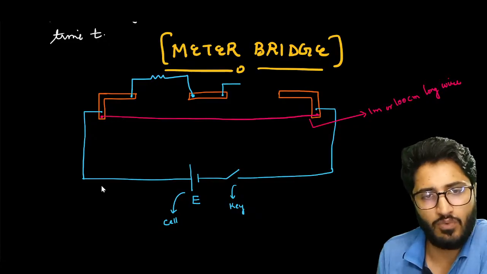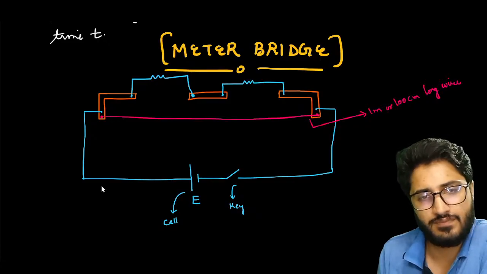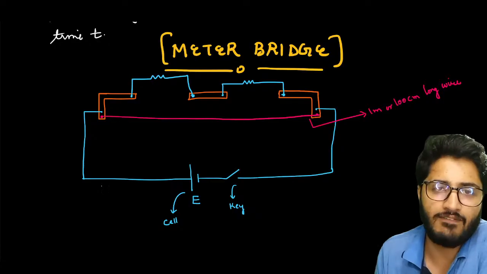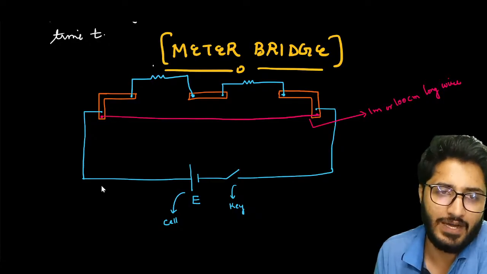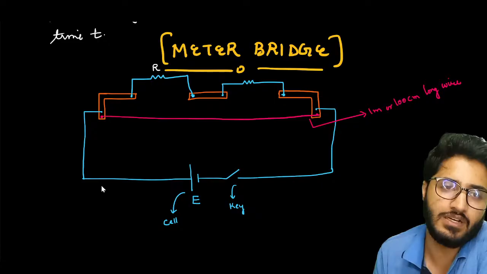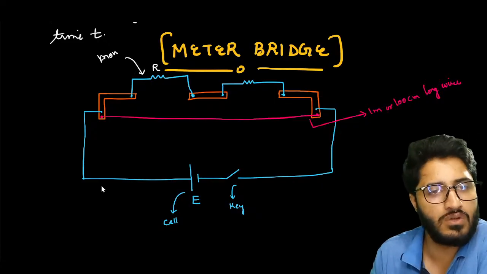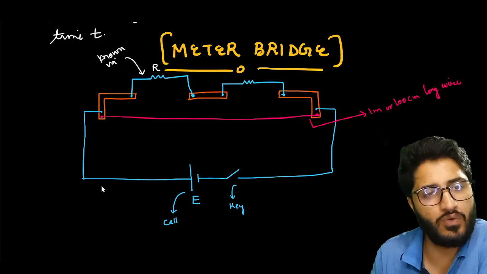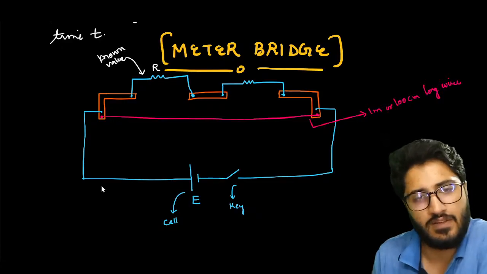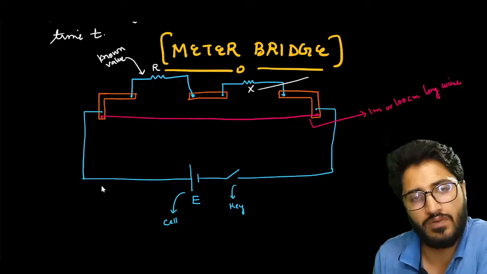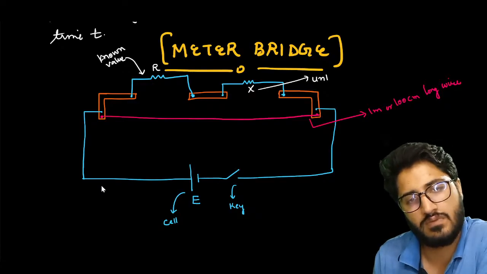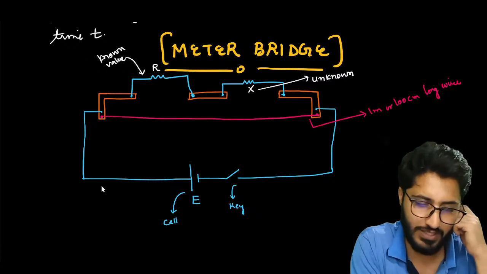Here we have one more resistor. Suppose the value of the first one is R. We know it, a known value. The value of this one is X, unknown. This one is unknown.